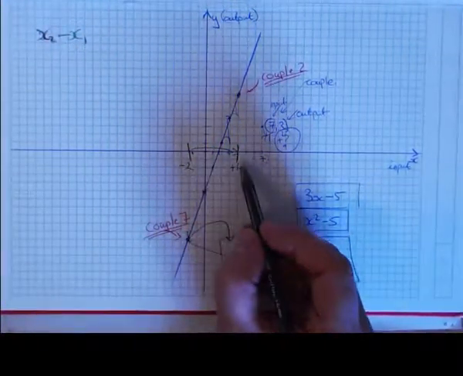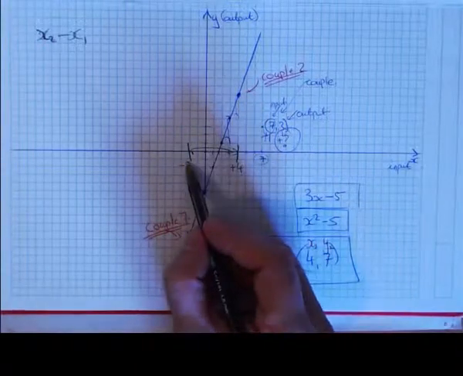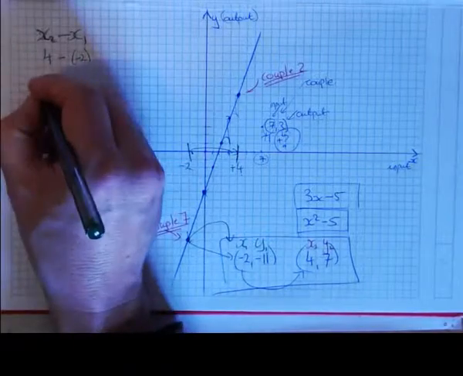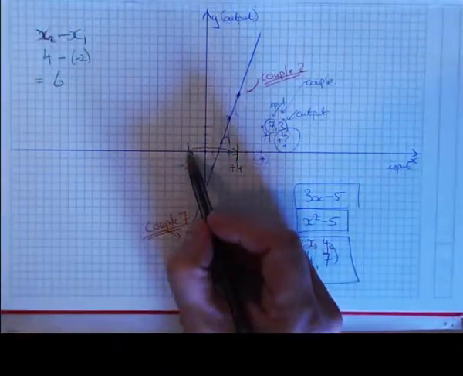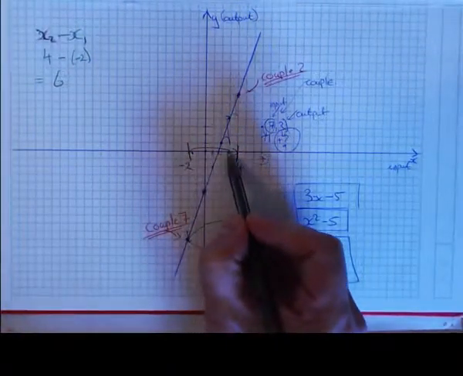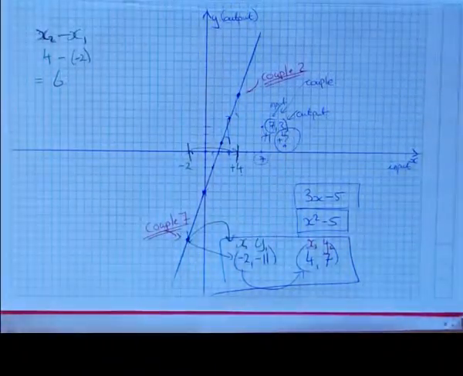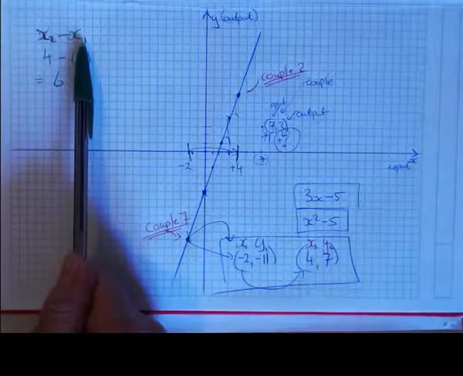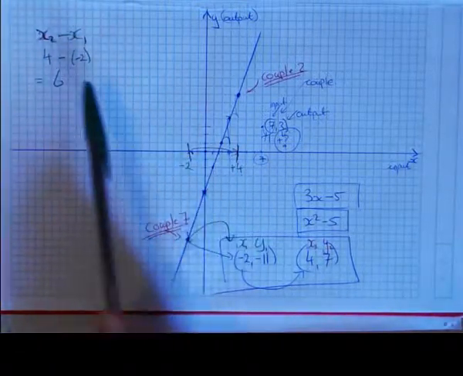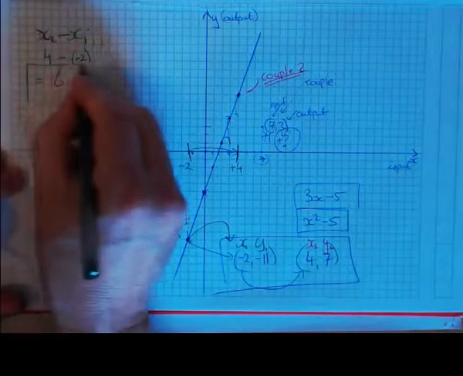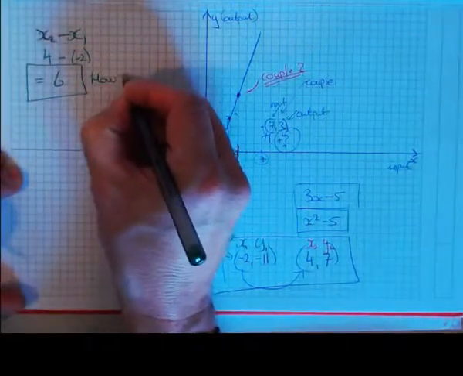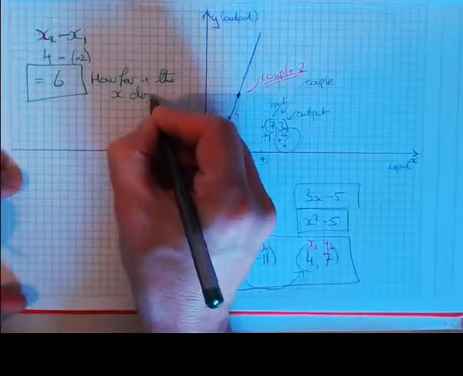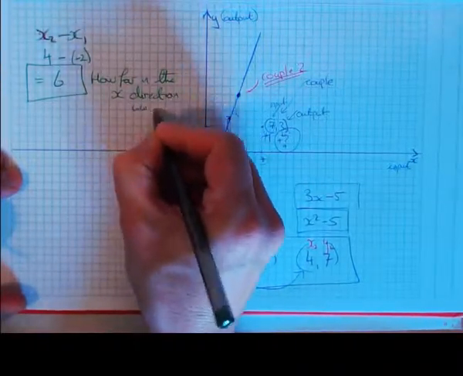To measure distance, we take the bigger number and subtract the smaller number. So that's 4 take away -2 is equal to 6. So we can see that distance there is 6. 1, 2, 3, 4, 5, 6. To measure distance, you subtract. So the x value of couple 2 take away the x value of couple 1 is 4, take away -2 is 6. That gives us how far in the x direction we have gone.